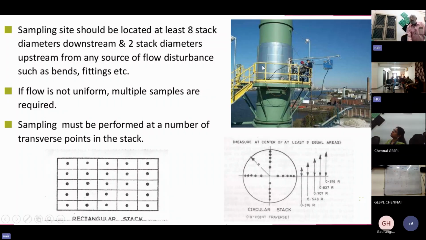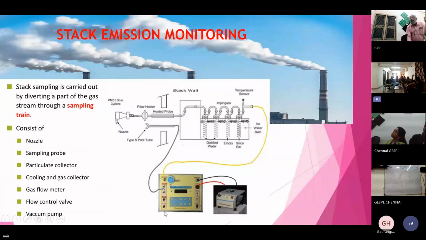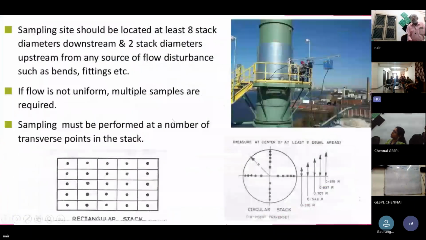And the stack will have a porthole. Then sampling must be done at a number of traverse points. See, I have shown this one. These things will go into the stack. So you have to have the traverse points and measure it.